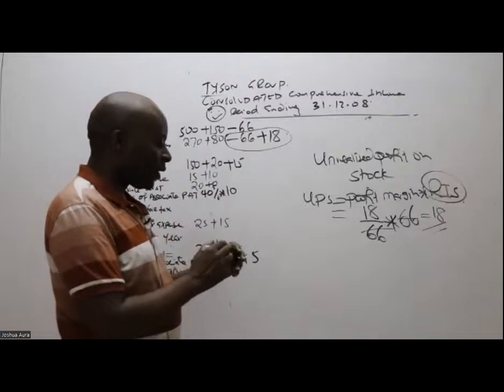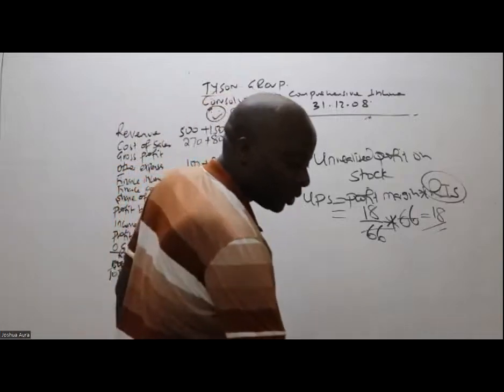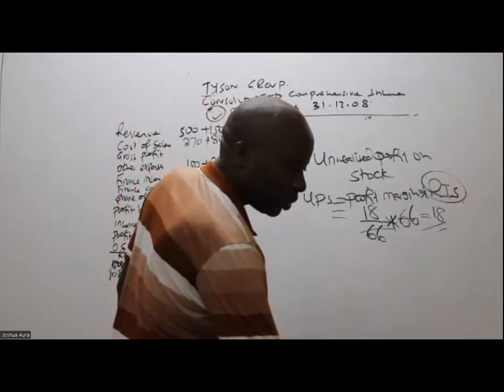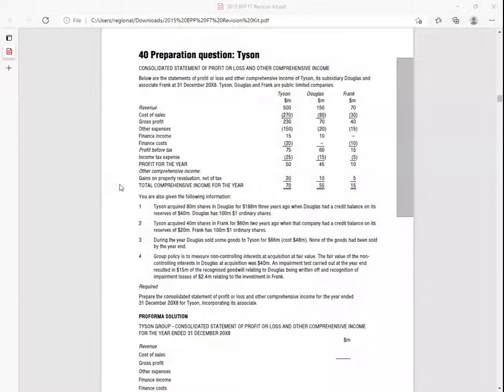Great. So after that, ladies and gentlemen, we continue reading. What are we told here? We are told that recognition of impairment losses of 2.4 now relates to the investment in Frank. Who is Frank? Frank is our associate.